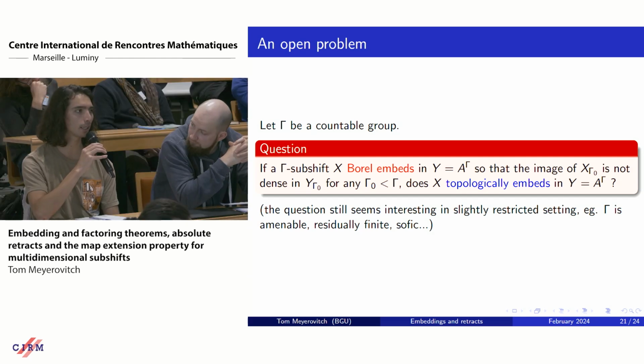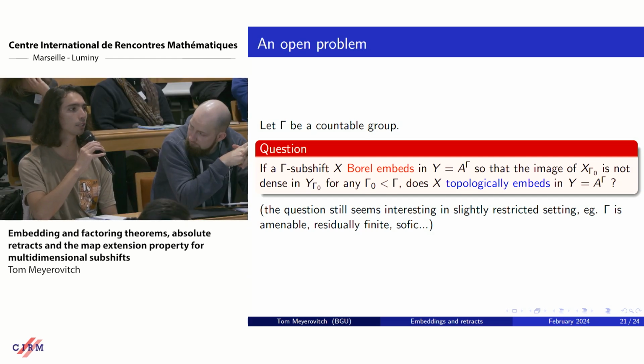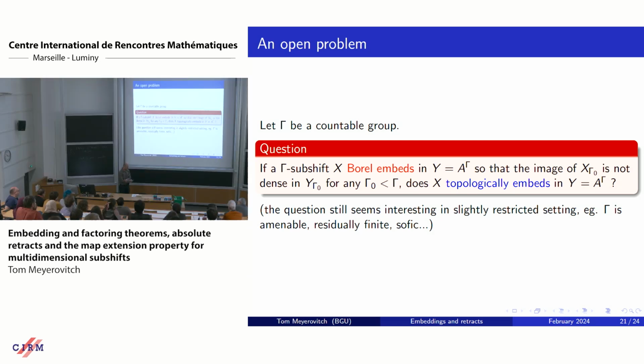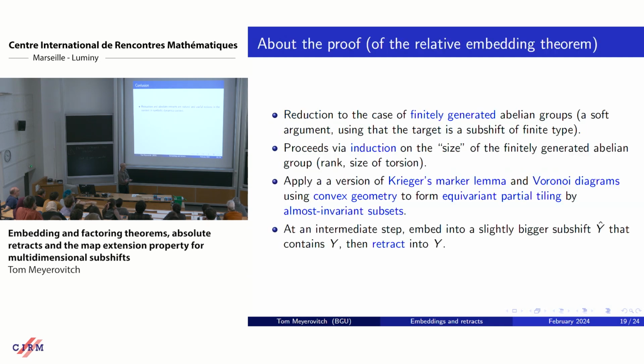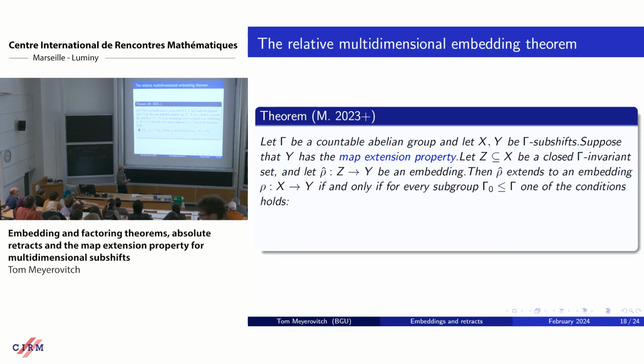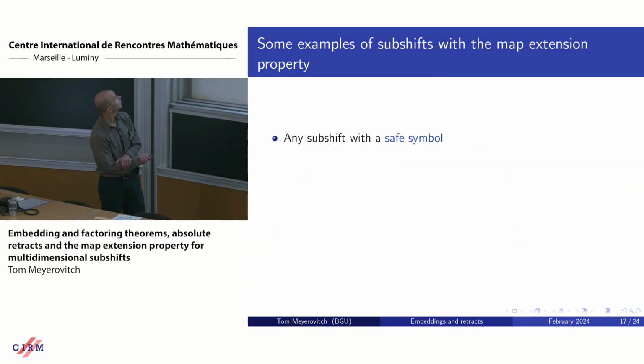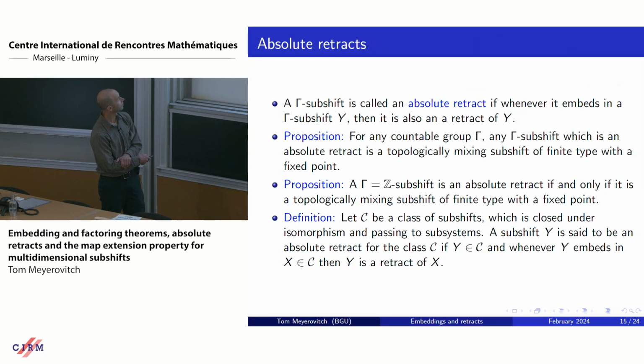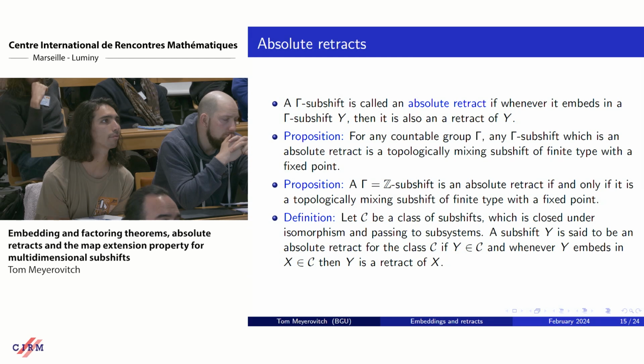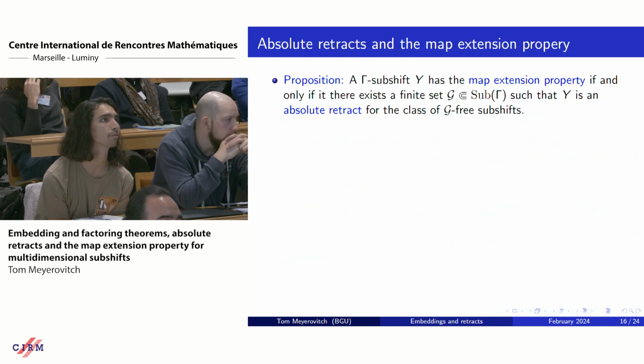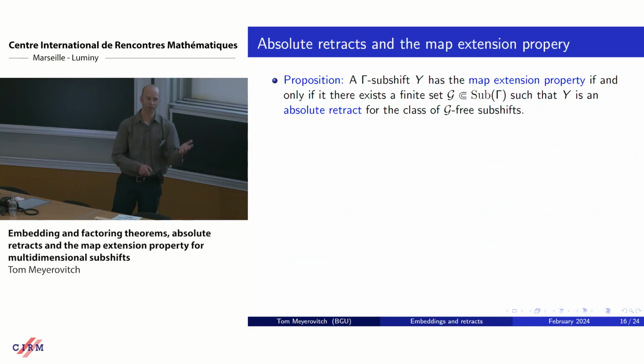Could you please explain again how to get rid of the fixed point condition? So the fixed point condition, you get rid of it by saying that you're not an absolute retract for all the subshifts, but let's say you don't have a fixed point and you don't have a point which has a stabilizer under a certain small subgroup, but other than that there are no obstructions.